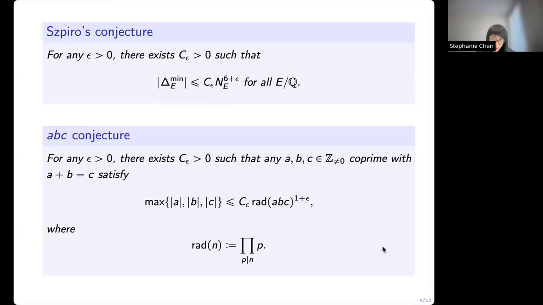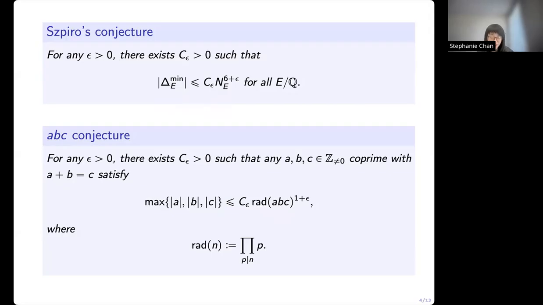Just by comparing the two inequalities, the Szpiro ratio and the ABC conjecture, you can see they're both telling you something about the multiplicity of the prime divisors.